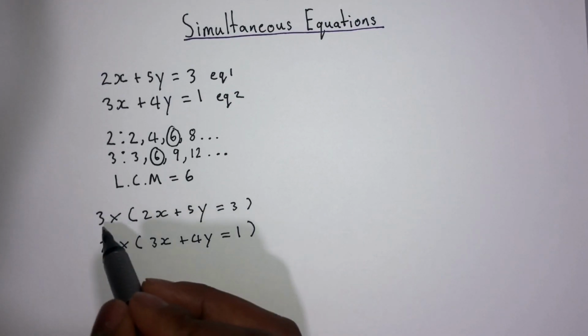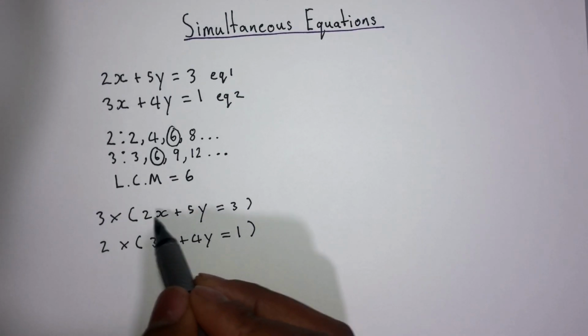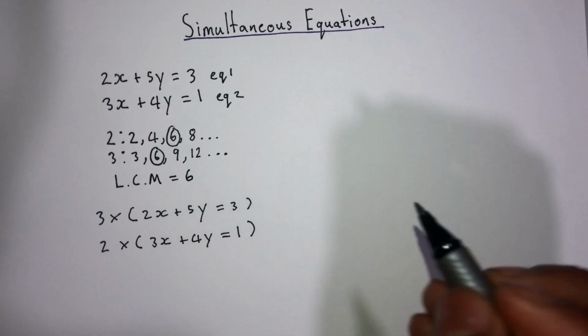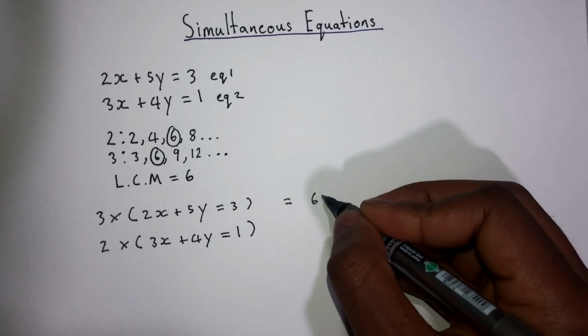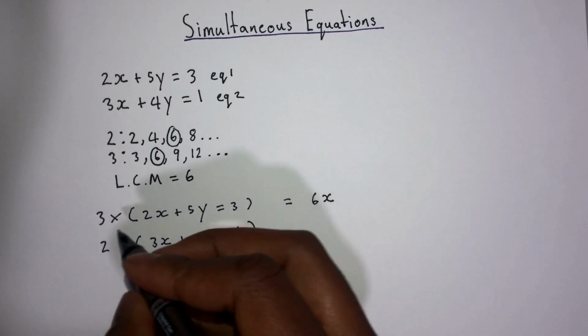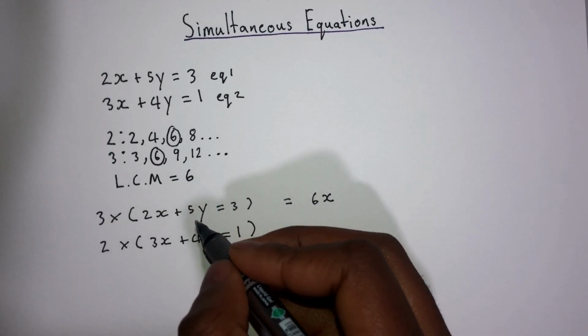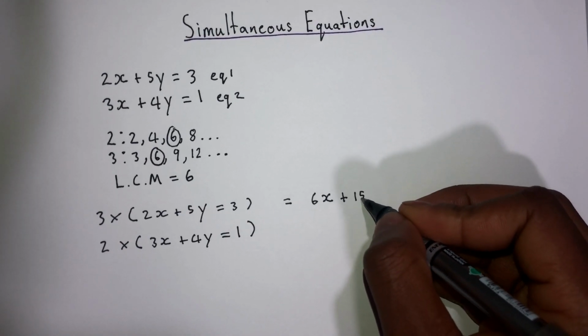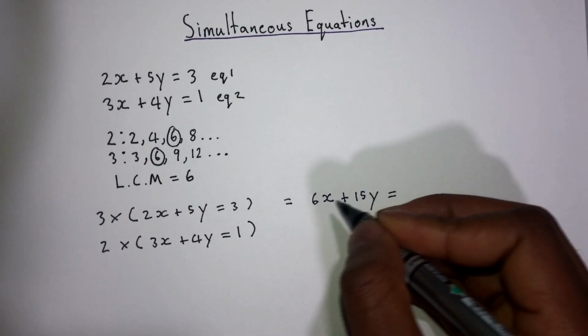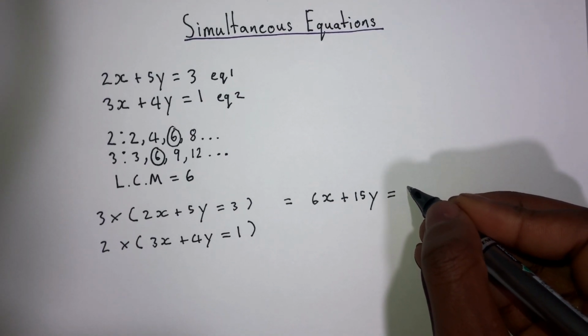Now let's distribute. 3 times 2x gives us 6x. 3 times 5y gives us 15y. And 3 times 3 gives us 9.